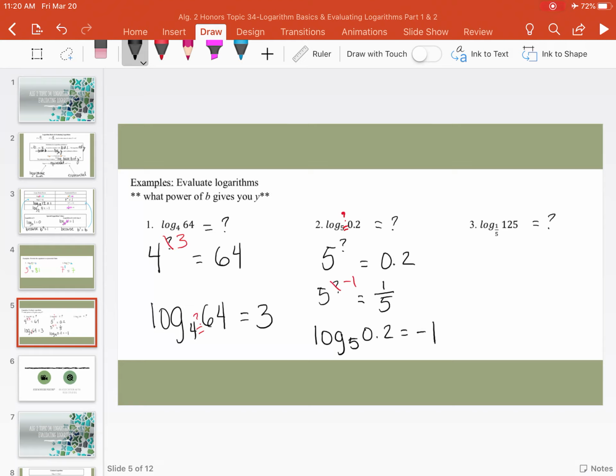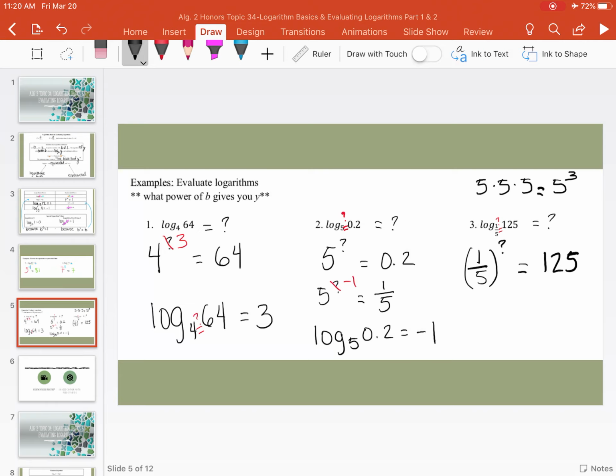Okay, moving on to the last example. So log base 1/5 of 125 is what? So 1/5 raised to what power gives me 125? Now here, we see the fractions. I want us to ignore the fraction right off the bat. How can we get from 5 to 125? Well, that's the same thing as 5 times 5 times 5, or 5 to the third.